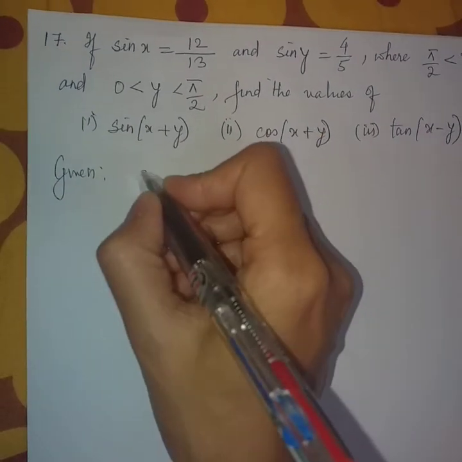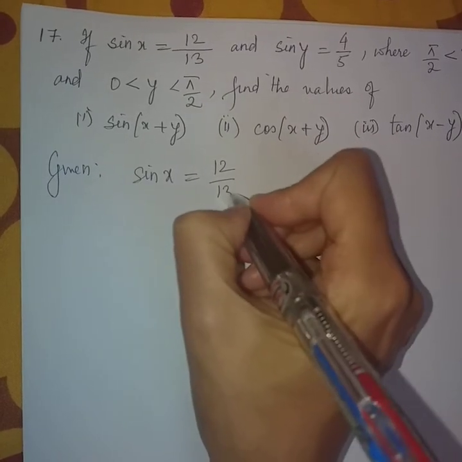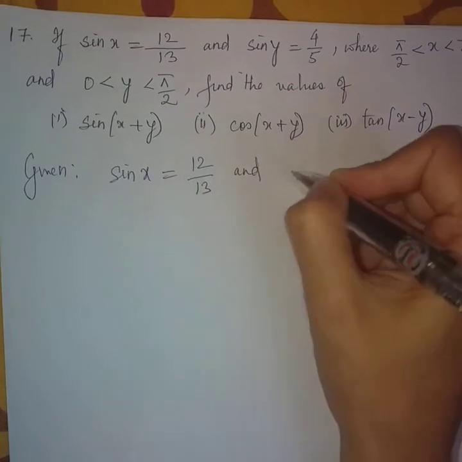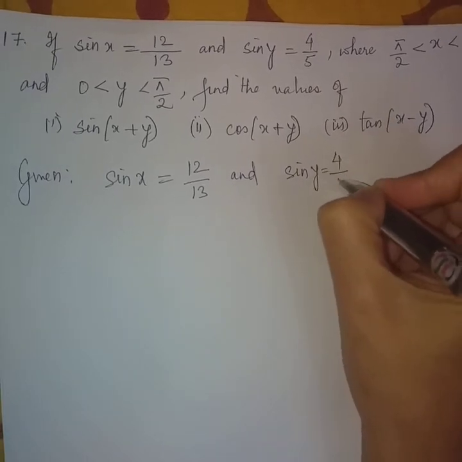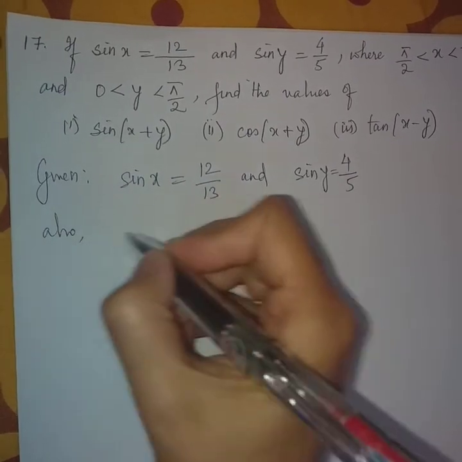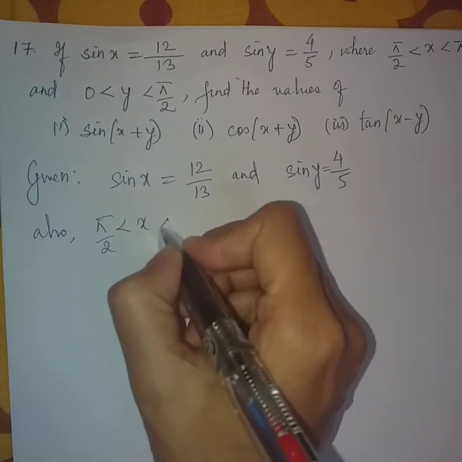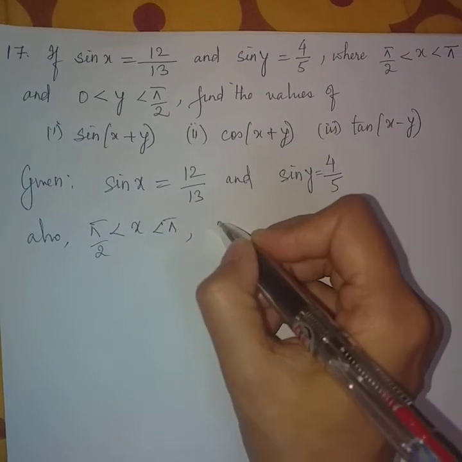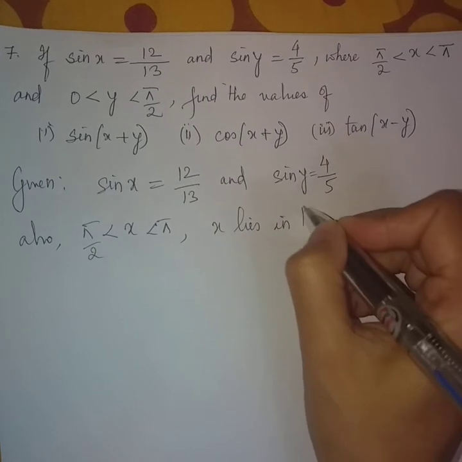We are given the value of sine x as 12 by 13, and the value of sine of y is given, which is 4 by 5. Also we see that x lies between pi by 2 and pi, so x lies in the second quadrant.